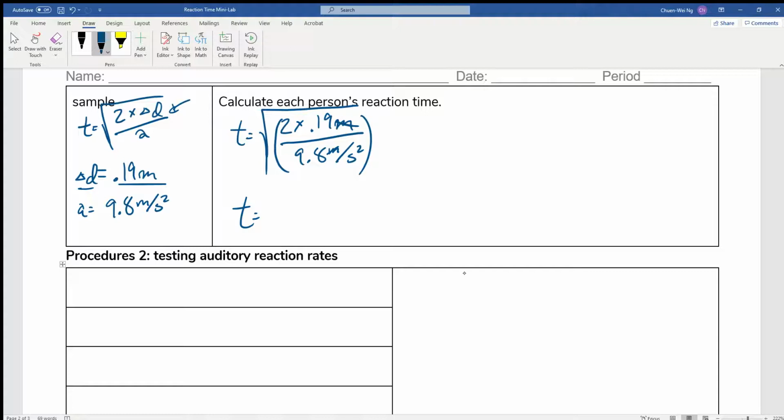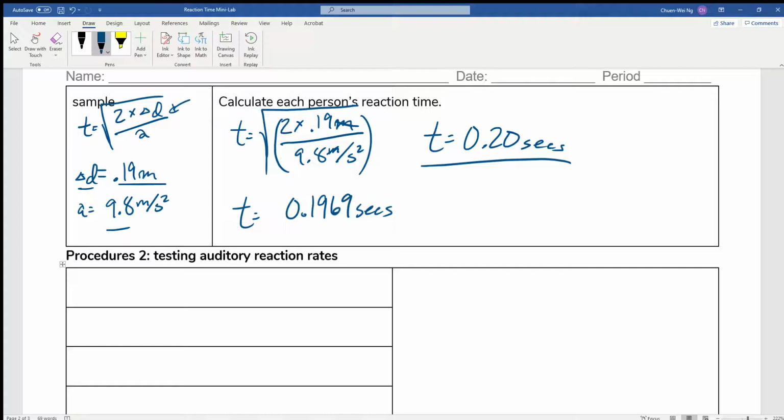And you should get a reaction time of 0.1969 seconds. Because I've only been using 2 digits, let's reduce it down to sig figs. So T is equal to 0.20 seconds. What does that mean? It means for Joe Schmo, it takes 0.2 seconds to notice something and react. That's how fast his optic neurons are.